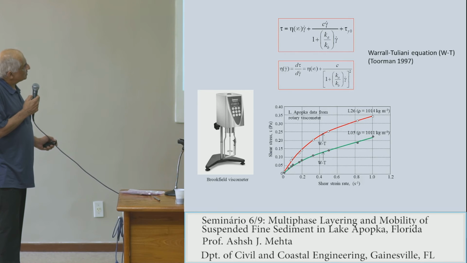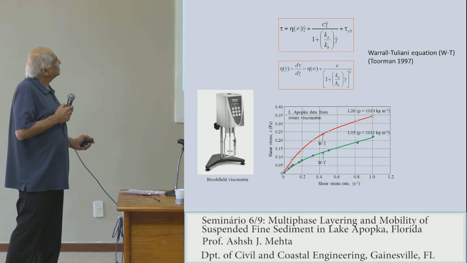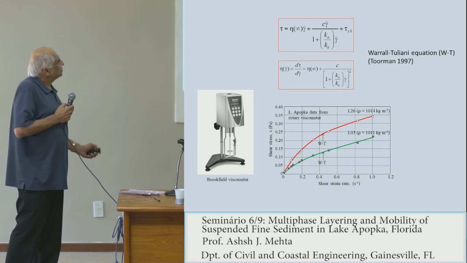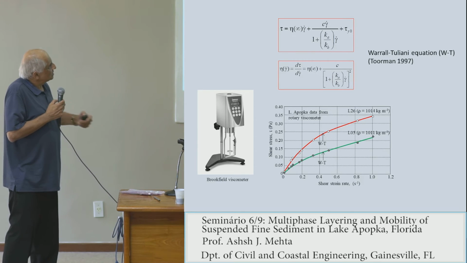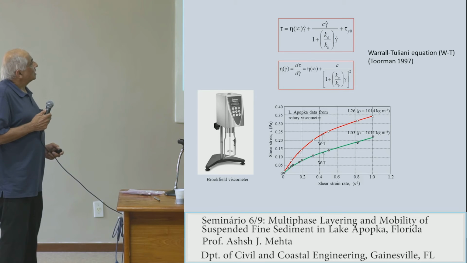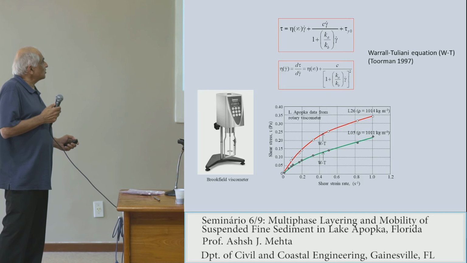So you can see that a small change in the density from here to here has a substantial effect on the viscosity. So it's important to really use this kind of device to understand the exact way in which the properties of the fluid mud you are working on control the viscosity.